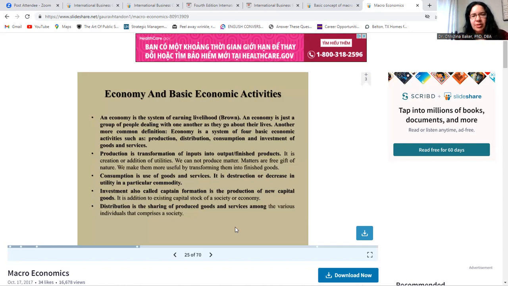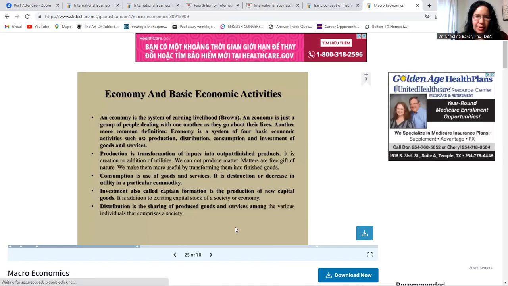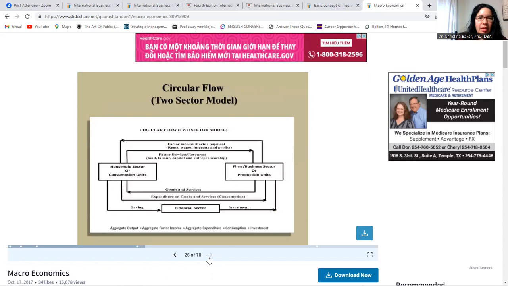Consumption is the use of goods and services, its destruction or decrease in utility of a particular commodity. Investment, also called capital formation, is the production of new capital goods, an addition to the existing capital stock of the society or economy. Distribution is the sharing of produced goods and services among various individuals who comprise the society.